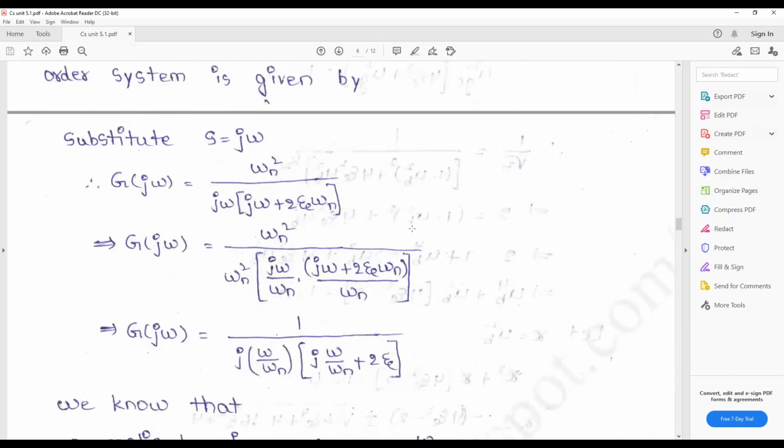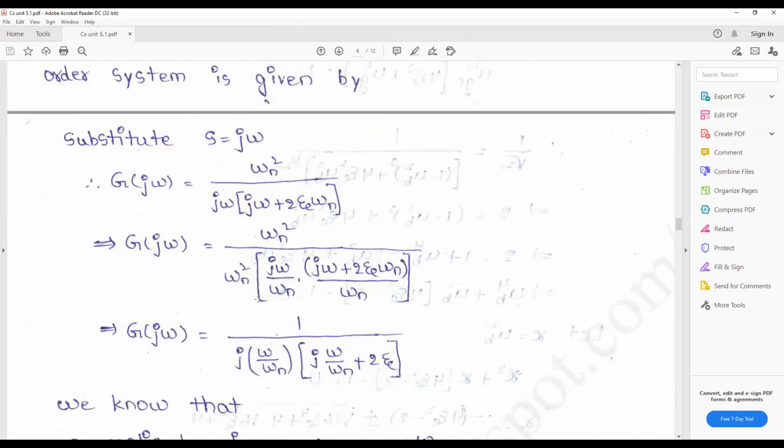Put s is equal to j omega, and s square in the first term, and the second term as well. So let us take s common. Because what is phase margin? 180 degrees plus the phase angle at gain crossover frequency. Phase angle at gain crossover frequency.